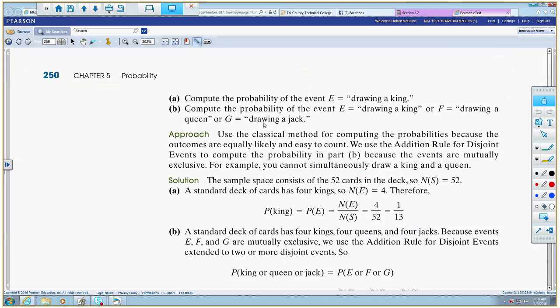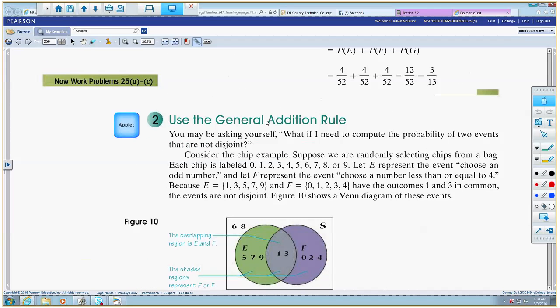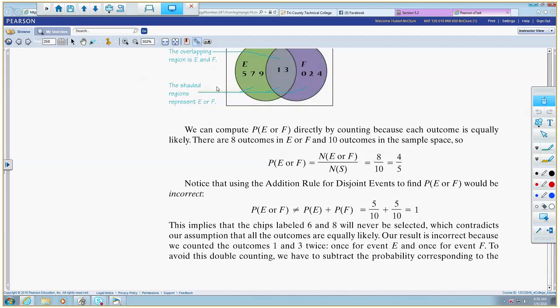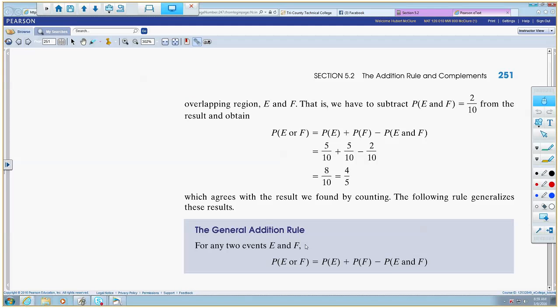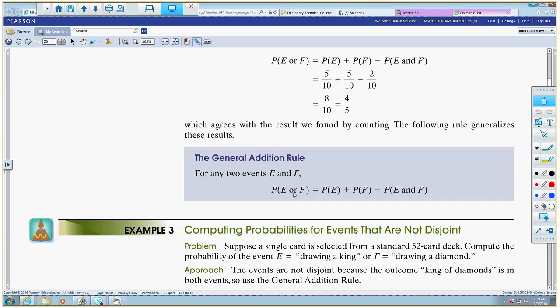I wish we'd never switched. They spend 15 minutes talking about joint and disjoint, and they don't need to be. There we go. The general addition rule, write it down. Look at that word right there: or. Okay? When you see the word or, that is a magic word for, you need to use the additive rule.